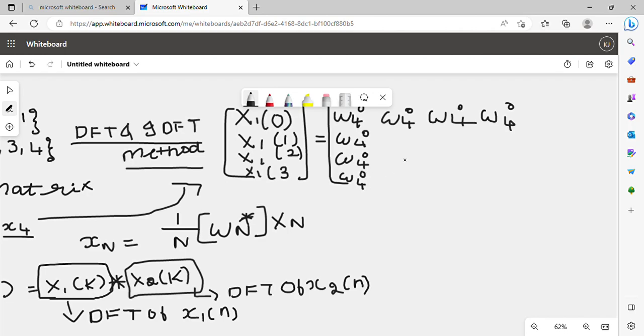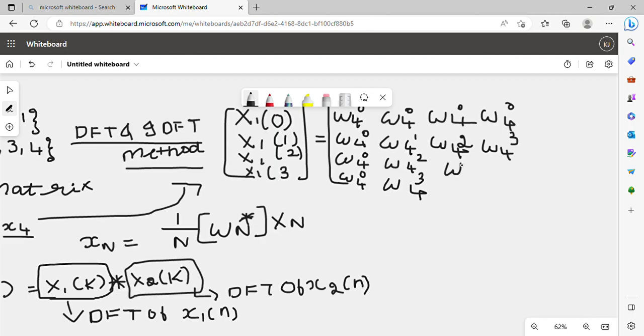Then once again it is omega 4 to the power of 1, omega 4 to the power of 2, omega 4 to the power of 3.